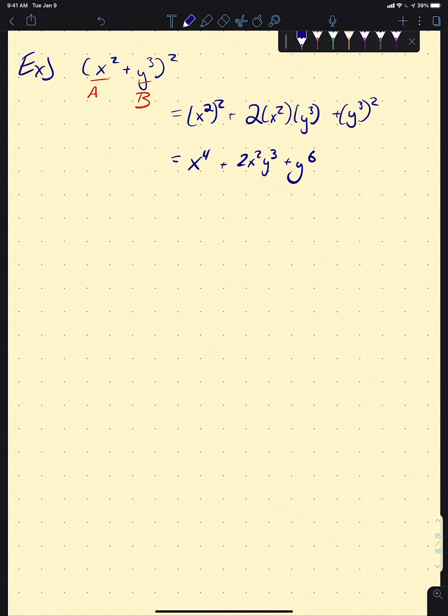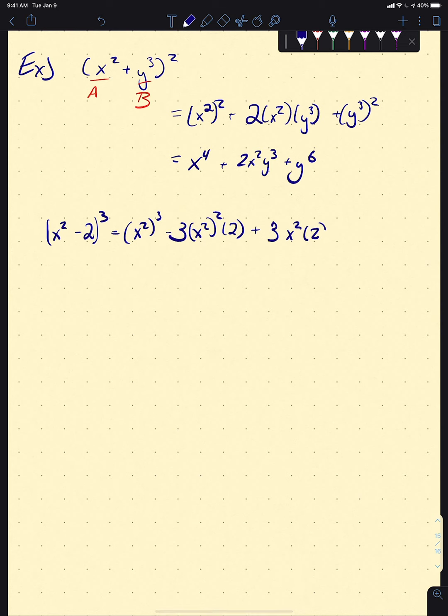Our next one, let's take a look at x squared minus 2, and let's cube that, right? Well, we can call our x squared A and our 2 B. Since we're cubing it, that's going to be x squared cubed. And we have a minus here, so we know it's going to be minus 3 times x squared squared times our B, which is 2, plus 3 times x squared times our B squared, and it's going to be minus B cubed.